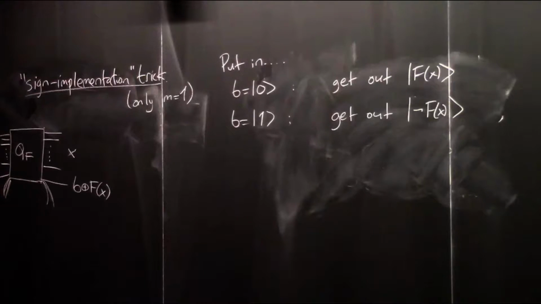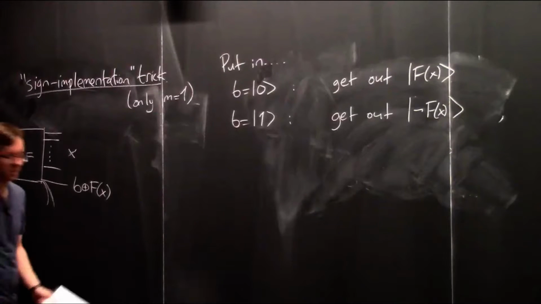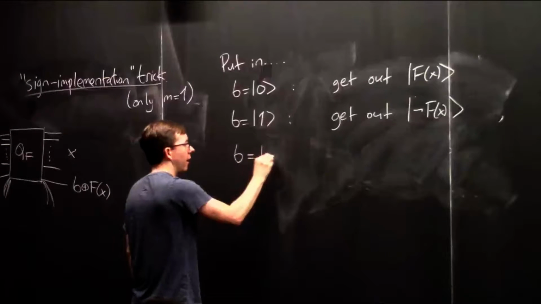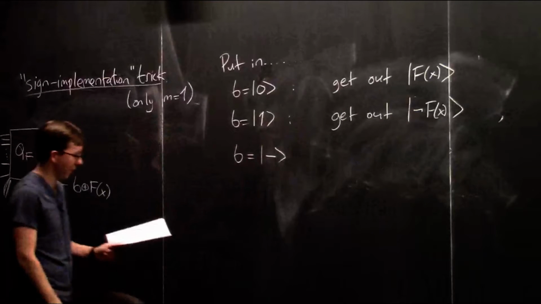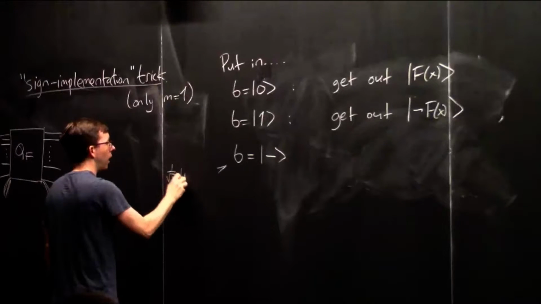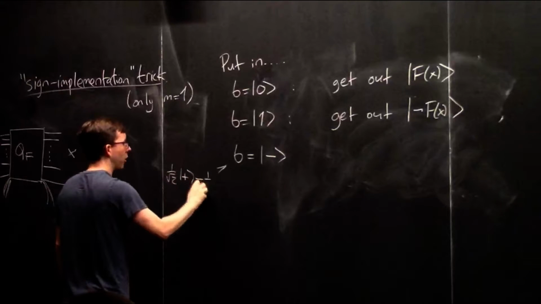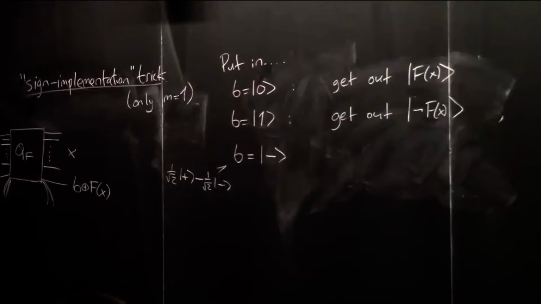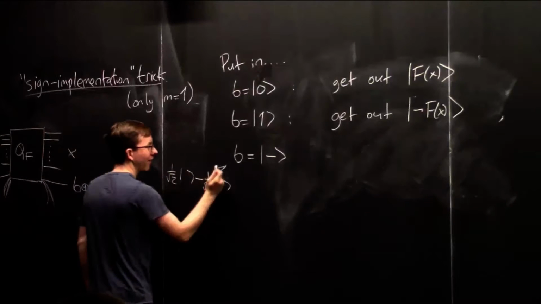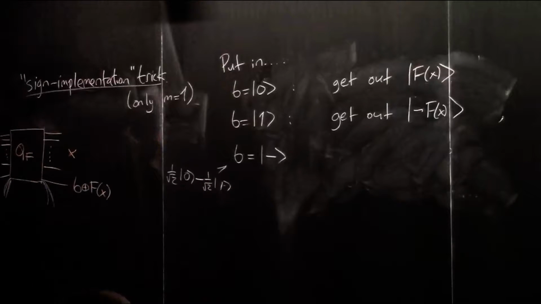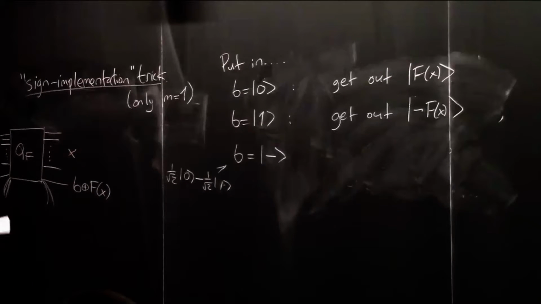But you could also put in a superposition here. So let's crazily put in ket minus, which I'll remind you is 1 over root 2 ket 0 minus 1 over root 2 ket 1.